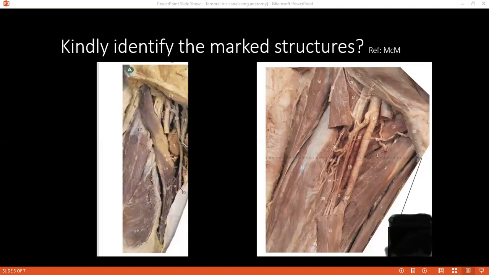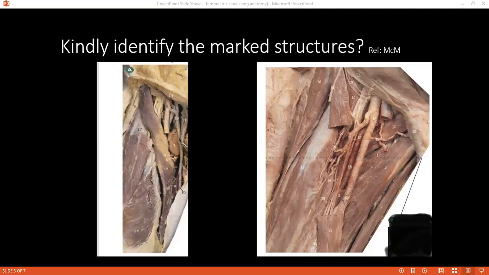What is the superior boundary of the femoral triangle? It is the inguinal ligament. What are the attachments of the inguinal ligament? The anterior superior iliac spine and the pubic tubercle.